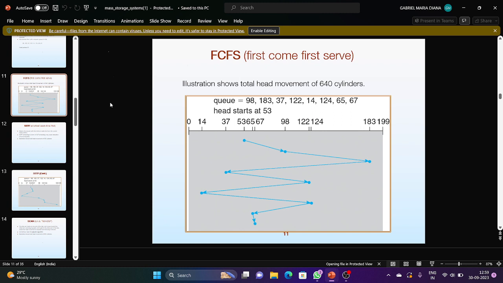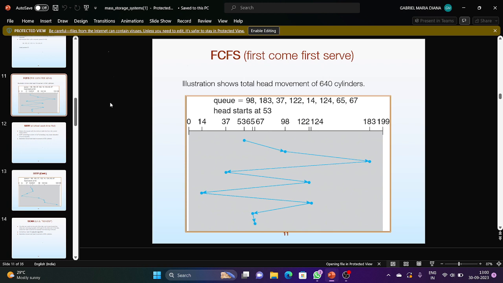How do we serve the user's requirements of data? It serves according to the user requirement: whichever process comes first, it serves first.